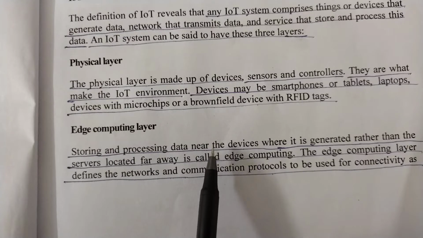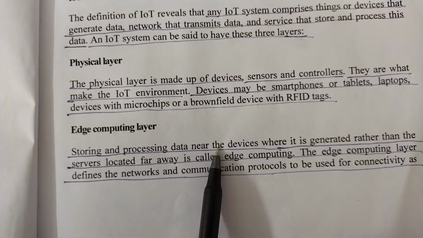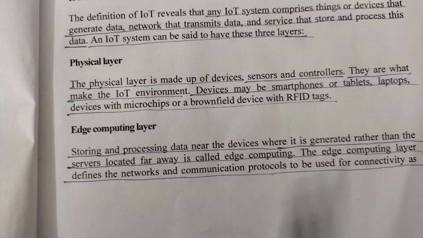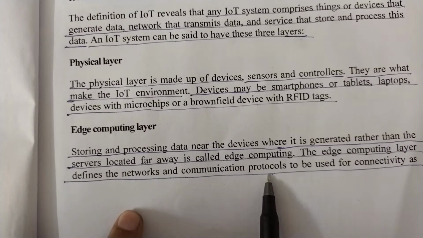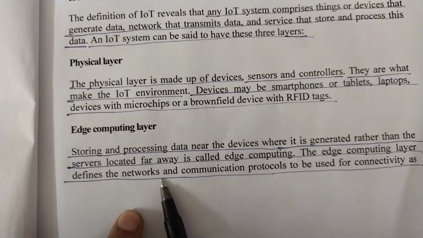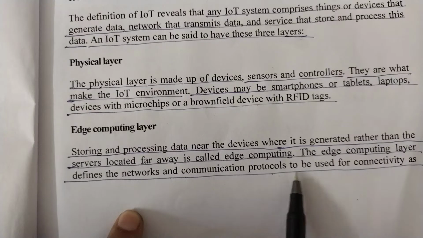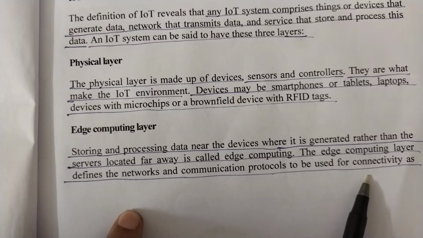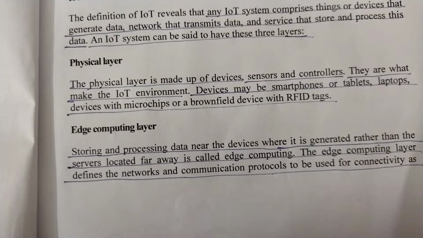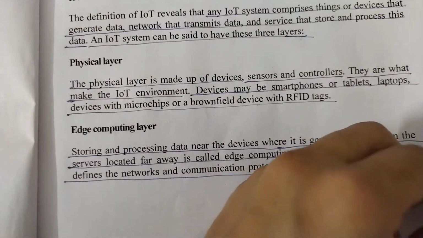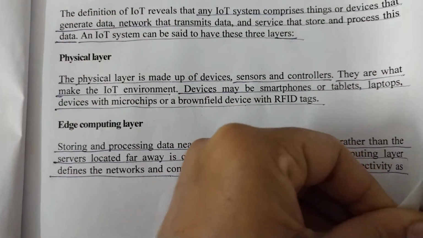And this location is on the internet, which is actually called the cloud. So the edge computing layer defines the networks and communication protocols. Whatever network and communication protocols are to be used for connectivity are defined by the edge computing layer.